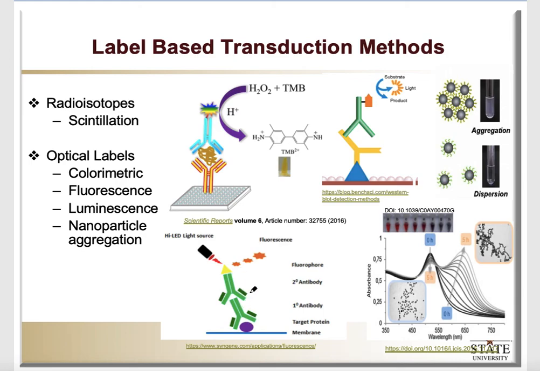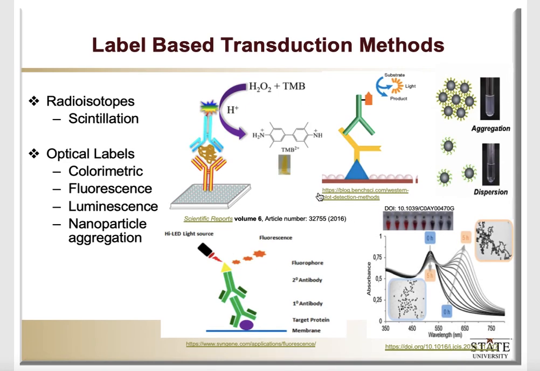Similarly, the binding is not necessarily one-to-one as is shown here, depending on what your target is. If your target is large and has various epitopes for which you have different antibodies, you could have several antibodies binding to the one pathogen, for example, and that would result in a signal amplification for any of these techniques. So that's just something to keep in mind.